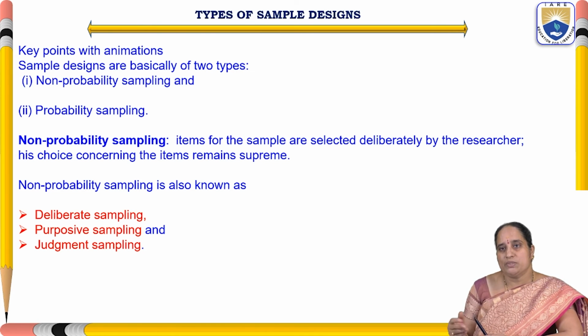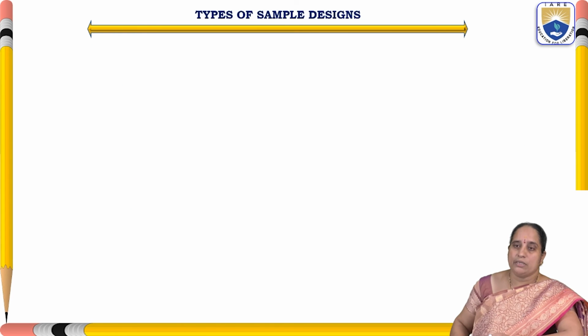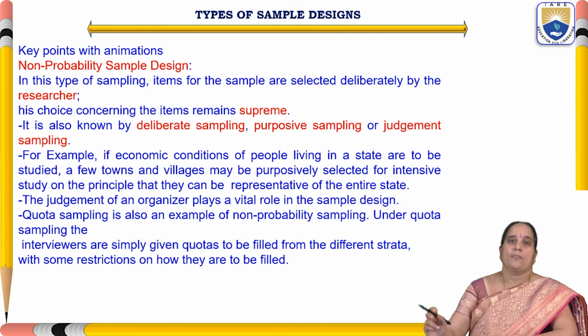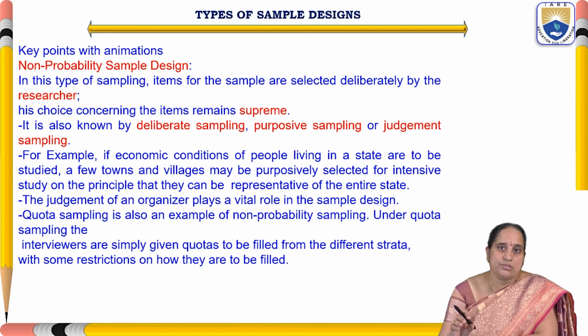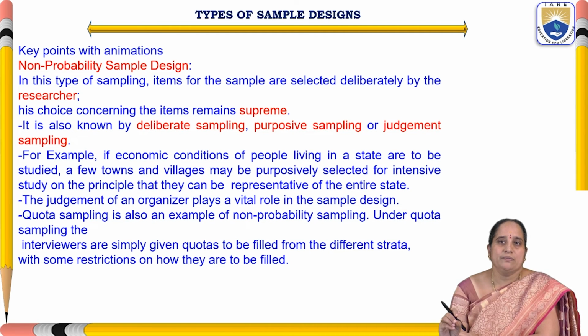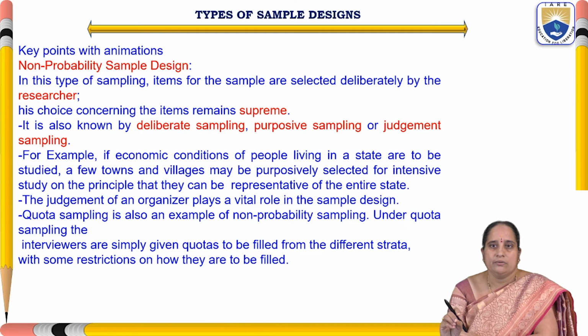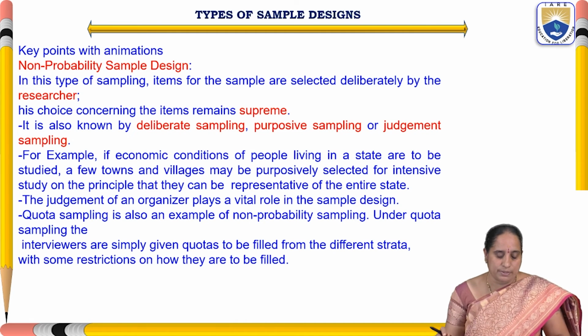Deliberate sampling means according to the researcher, he selects the sample. Purposive sampling involves some sort of purpose. And in judgment sampling, finally the sample precision and all is judged by the researcher himself. Then coming to this non-probability sampling design, the items for the samples are selected, and as we know, he is the ultimate whole and sole responsible person.